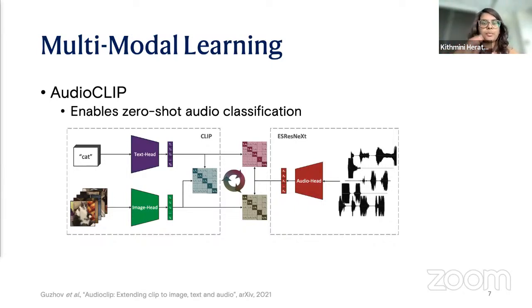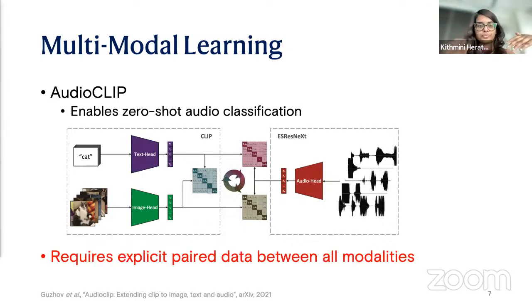But the problem here is that for this model to learn relationships between audio, text, and image, you have to have paired data with each of these modalities in order to find these similarities. So that's the main problem with previous multimodal learning. They explicitly required paired data between all the modalities.